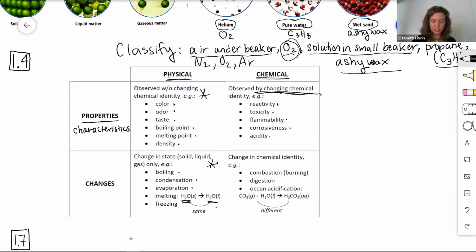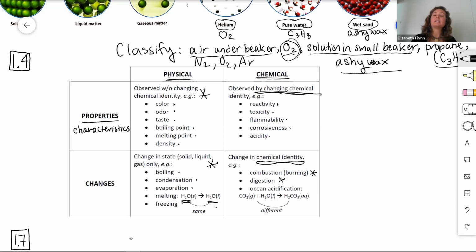Whereas chemical changes over here involve a change in the chemical identity. So a chemical change is a chemical reaction like combustion that we saw today in the demonstrations, or digestion. Food molecules have to be digested and reacted upon via reactions in the body to get used for energy, to be transformed into something new so that energy can be produced.